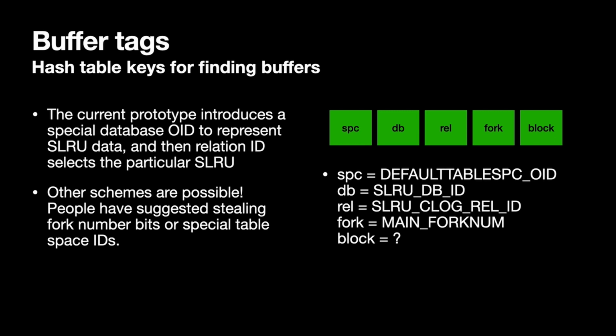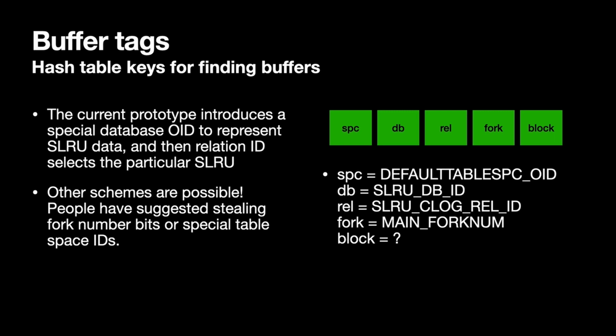And what I've come up with, borrowing an idea from the zheap project, is putting a special database OID in there, a database OID that will never be allocated for a database, and then the rel file node can store the SLRU number, and the block number is used for the block within the SLRU, and everything else is given a default value.